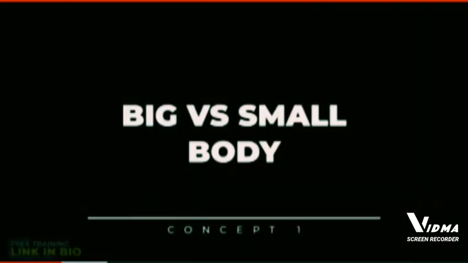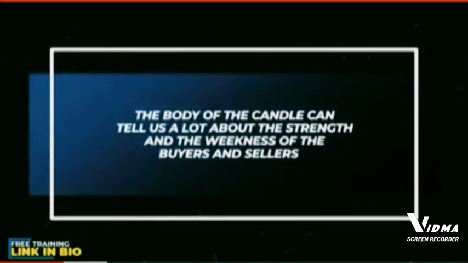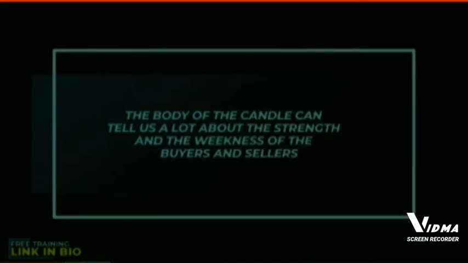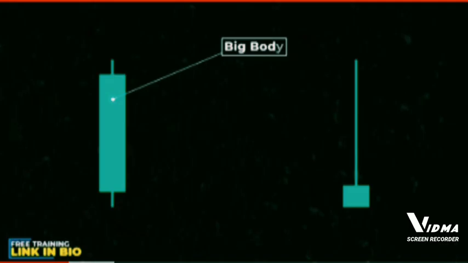Concept 1. Big versus small body. The body of a particular candle can tell us a lot about the strength or weaknesses of the buyers and sellers. For example, here we have two green candles. The candle on the left has a big body and relatively small wicks. The price opened down here.